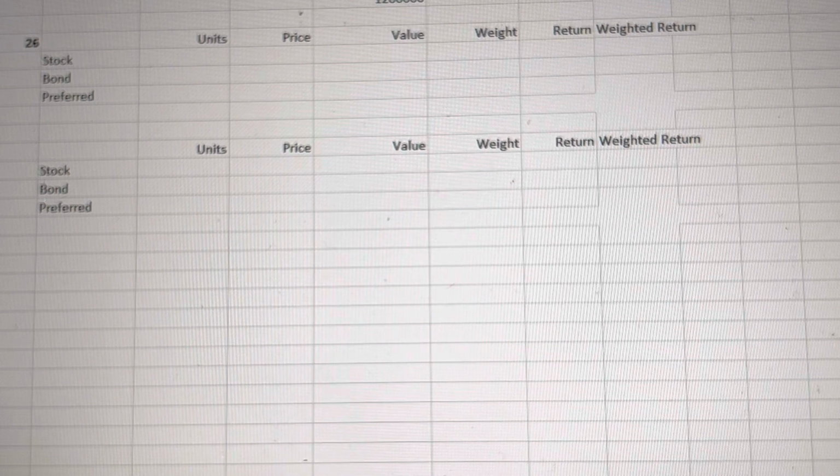Question 26. French Corporation has 500,000 shares of common stock that sell for $25 per share and have a beta of 1.5. The risk-free rate is 4% and the market return is expected to be 12%. The company has 10,000 bonds outstanding with a $1,000 face value, $1,100 market price, and a yield of 4.5%.